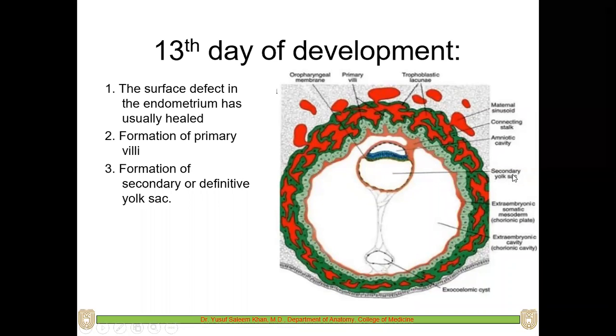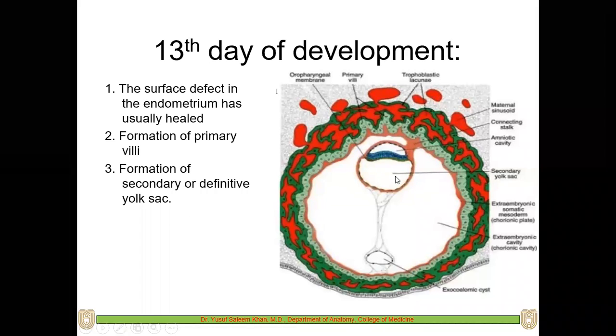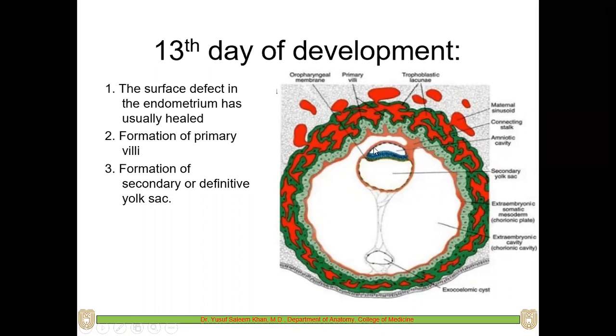Now it is called the secondary yolk sac. This is the embryo, which is the bilaminar disc. Here is the amniotic cavity. Now this whole cavity is called the extra embryonic cavity, or the chorionic cavity. So this was all about the development in the second week.